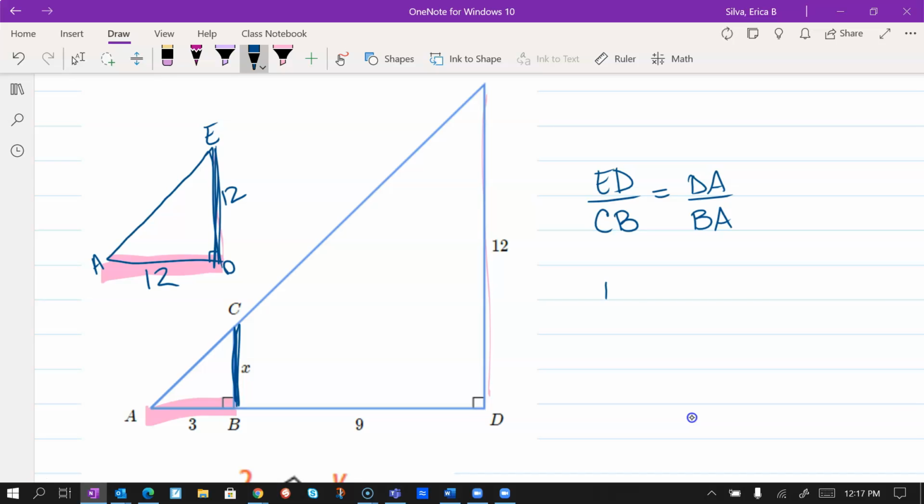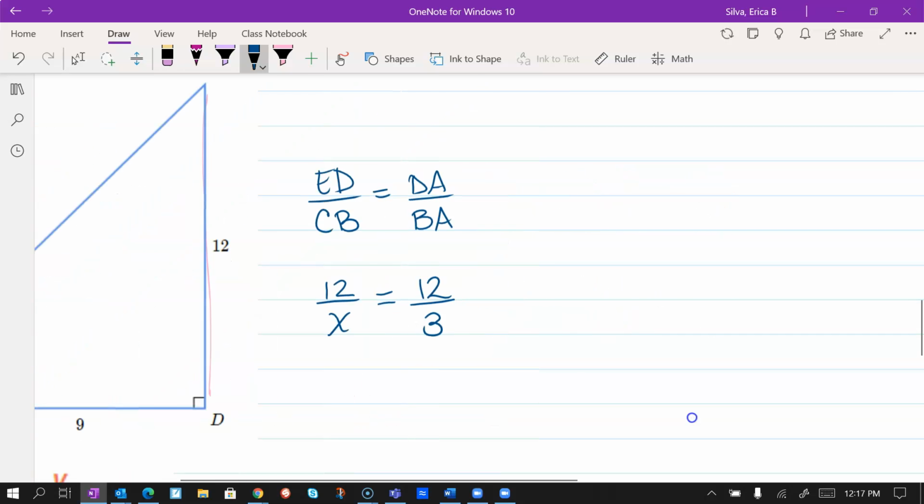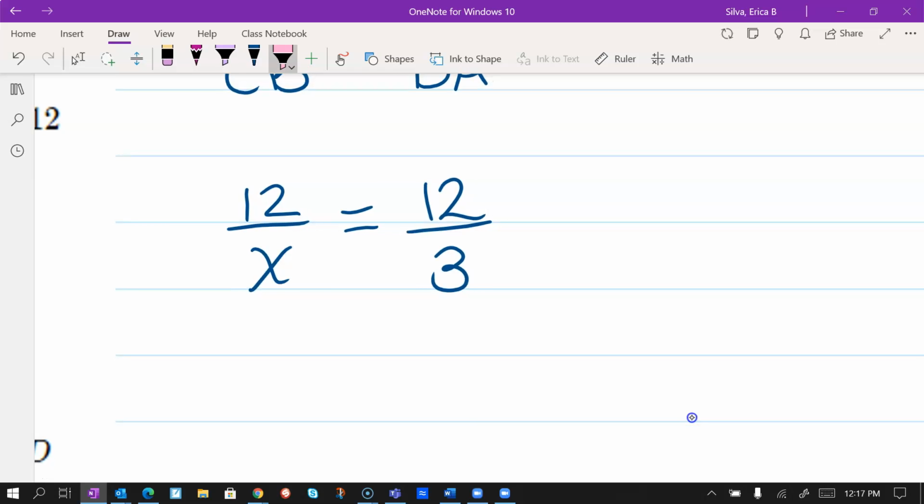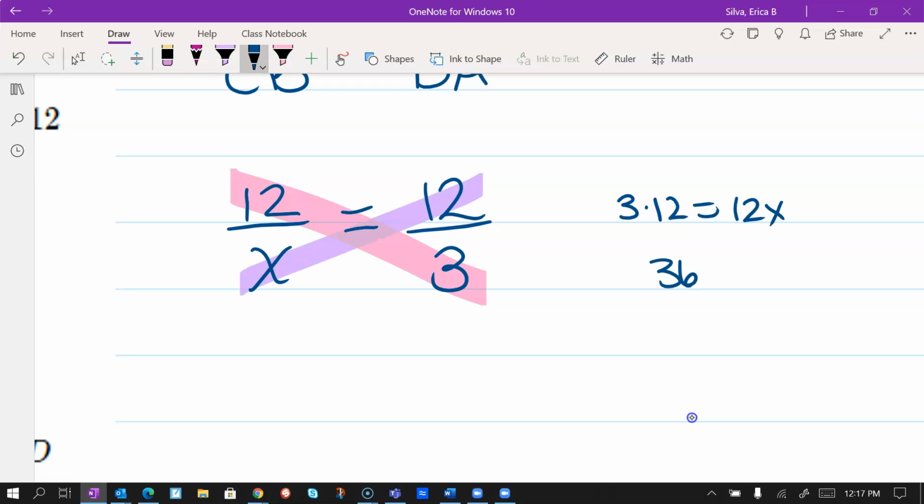We've got ED is 12 over X equals DA is 12 over 3. We cross multiply and divide. 3 times 12 equals 12 times X. So 36 divided by 12, equals 12X divided by 12, X is equal to 3.